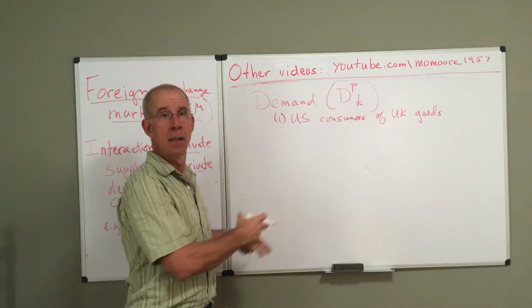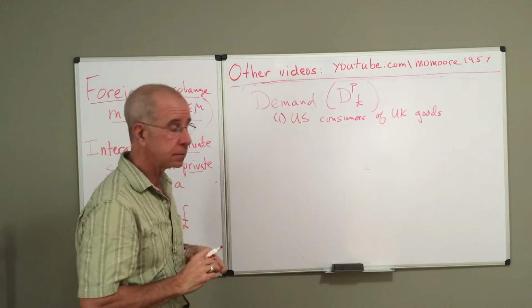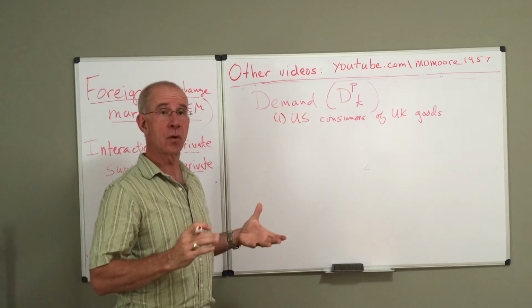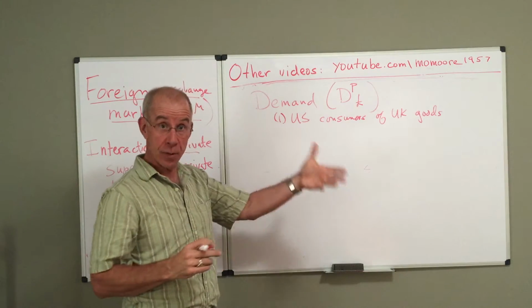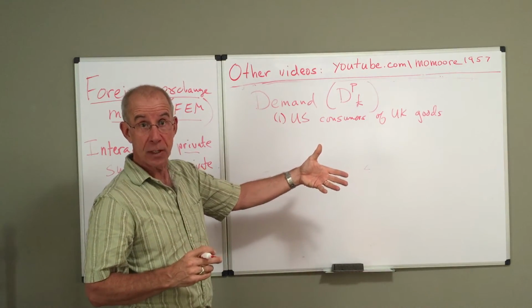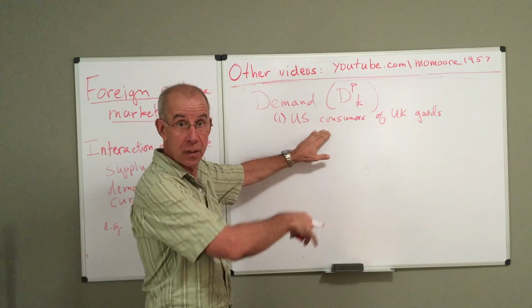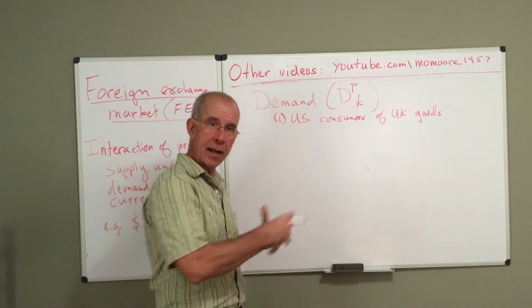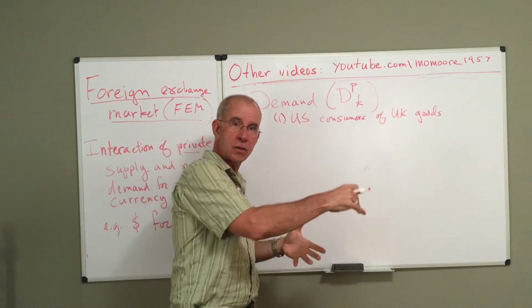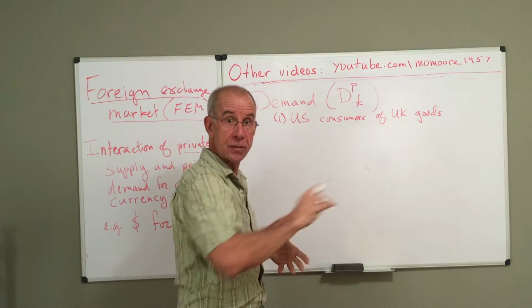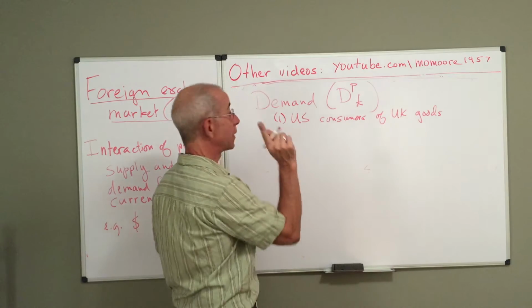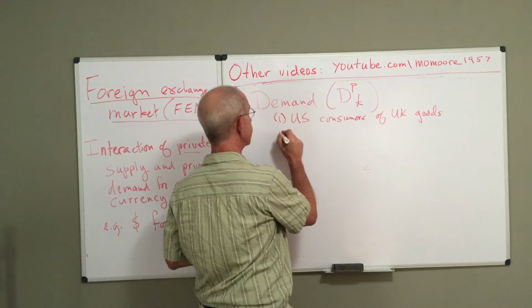If you're buying a Jaguar at a local US car dealership, ultimately the British company is going to get pounds. So even if the US consumer does not show up with pounds to the local car dealership, they're bringing dollars, and eventually that turns into pounds in order to make payments to the British company. So that's one source of demand for pounds.